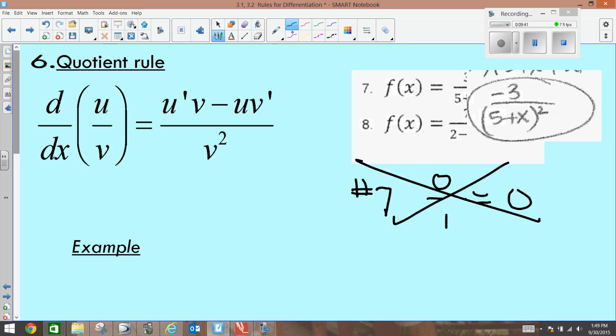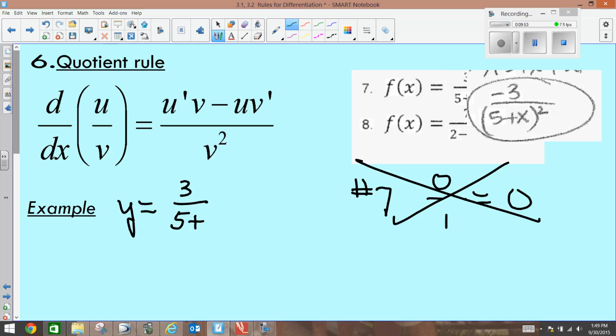Okay, so here we go. We're going to take y to equal 3 over 5 plus x. So consider the top u and the bottom b.